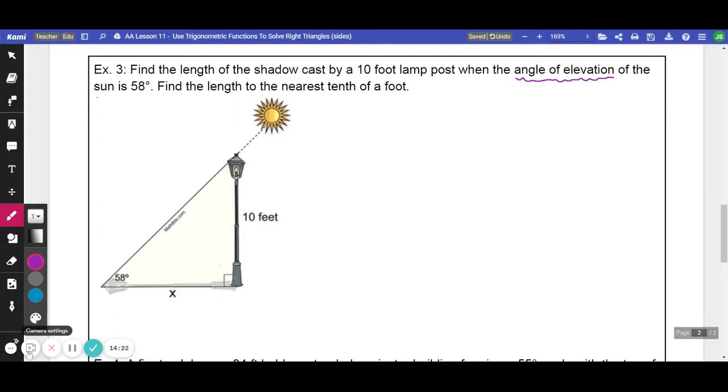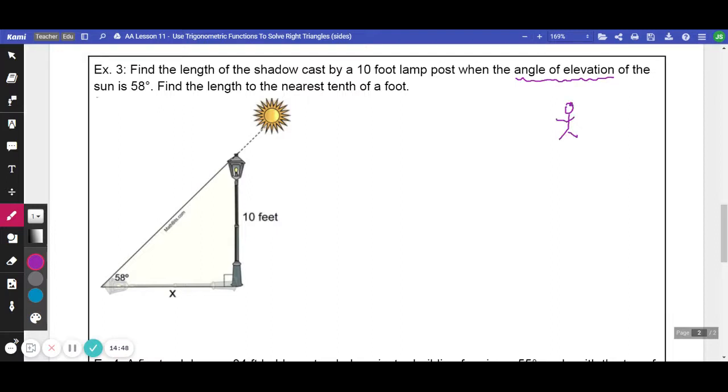I need to talk about this in class so I can show you and act it out. If you think about your eyes, you're looking straight across. To elevate something means to lift it up. So I'll draw an amazing picture.